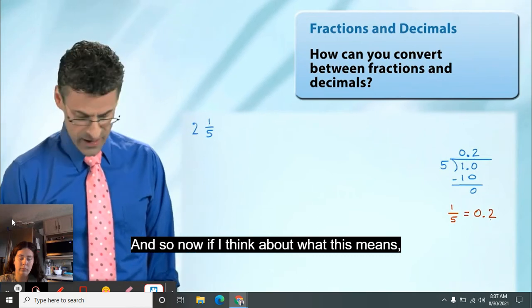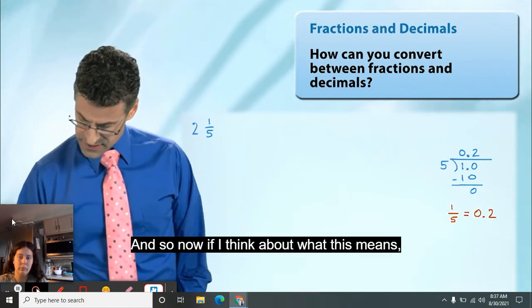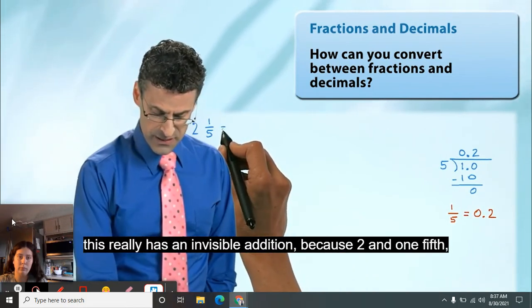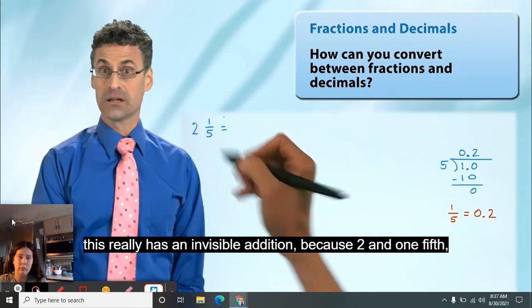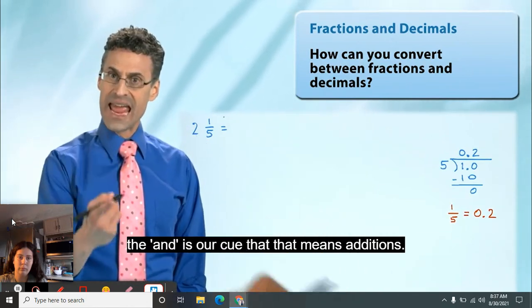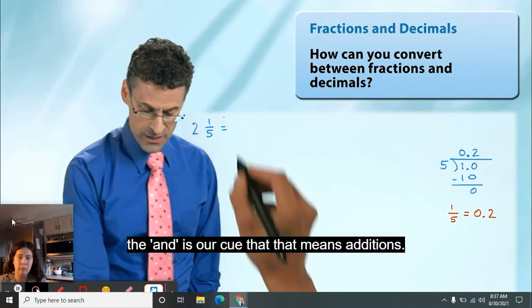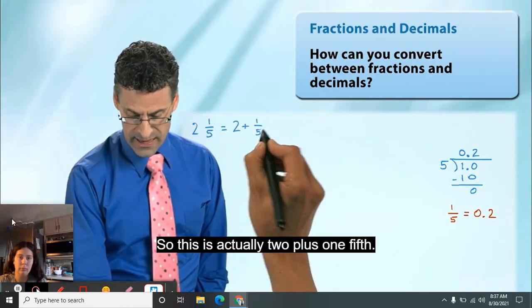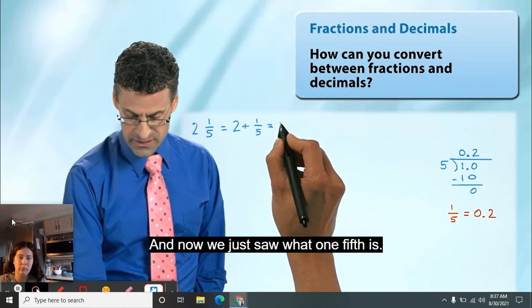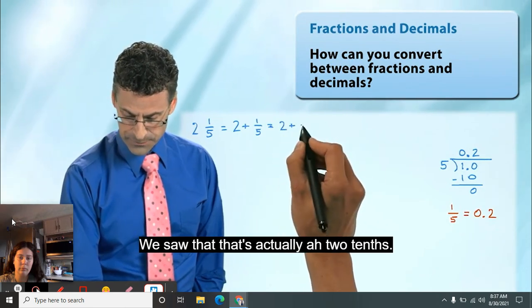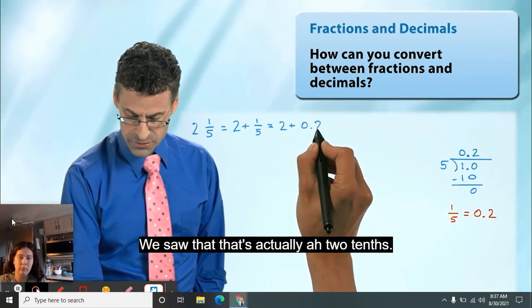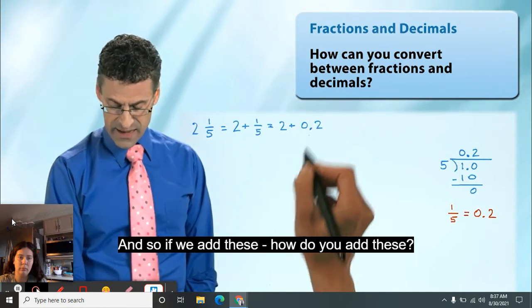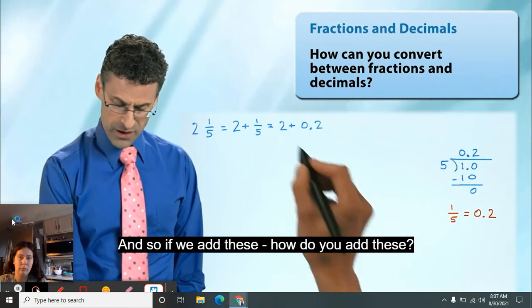And so now if I think about what this means, this really has an invisible addition because 2 and 1/5, the and is our cue, that means addition, so this is actually 2 plus 1/5. And now we just saw what 1/5 is. We saw that that's actually 0.2, or 2/10. And so if we add these, how do you add these? Well, you know how we add these.